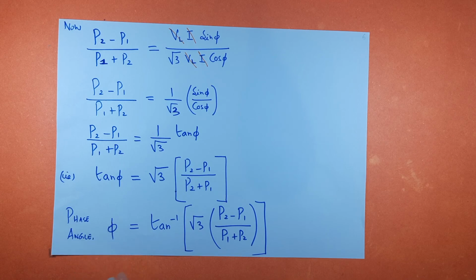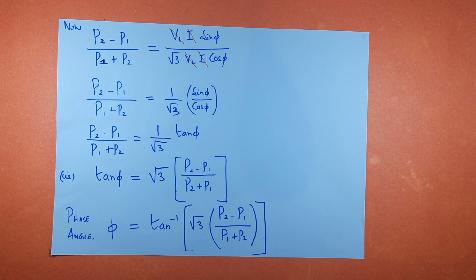So the phase angle is going to be tan inverse of root 3 into P2 minus P1 divided by P1 plus P2. P1 plus P2 and P2 plus P1, both are the same. Okay. So phase angle, we find it is going to be tan inverse of root 3 into P2 minus P1 divided by P1 plus P2.